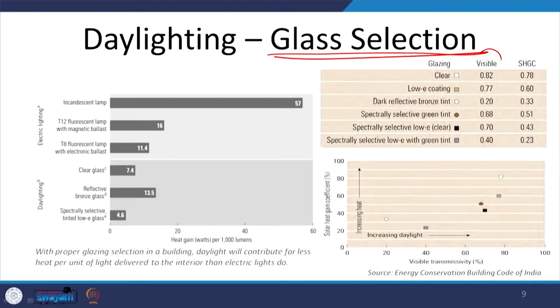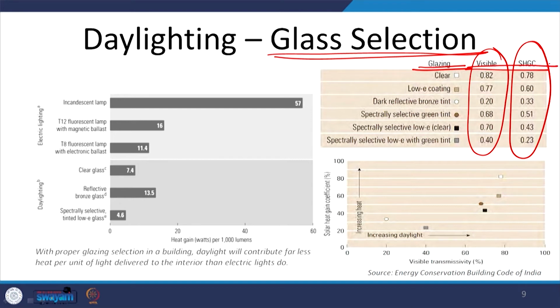So, when we are selecting the glass, we would be comparing both the VLT and SHGC for different types of glazings, and select the one which will balance the heat ingress and the daylight penetration simultaneously. Besides this comparison between VLT and SHGC, we will also take into account the window wall ratio.